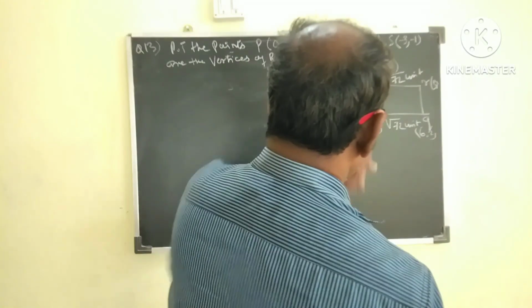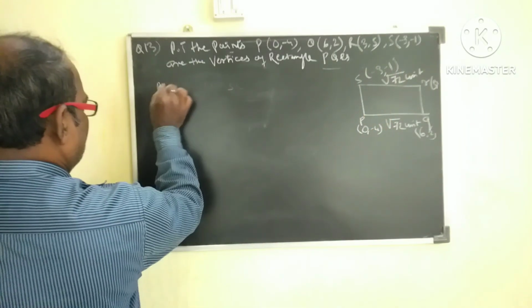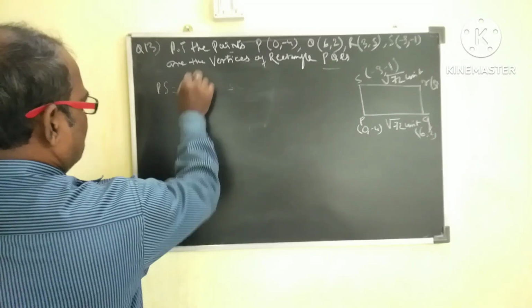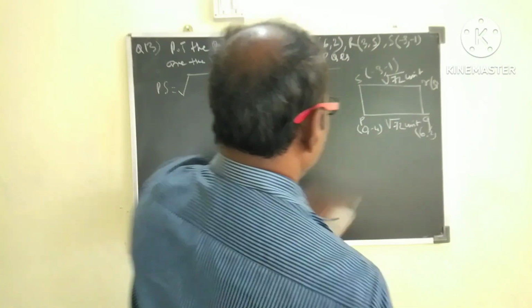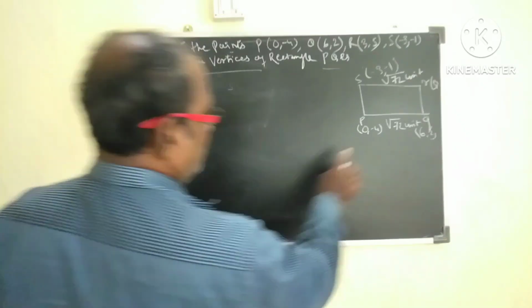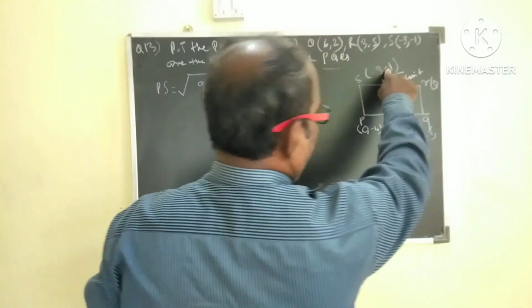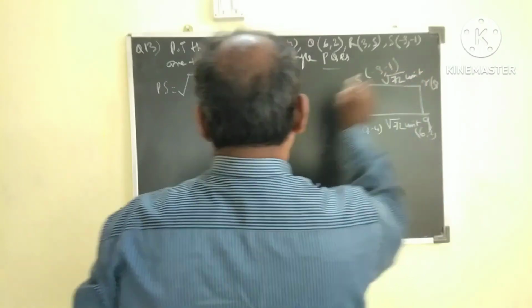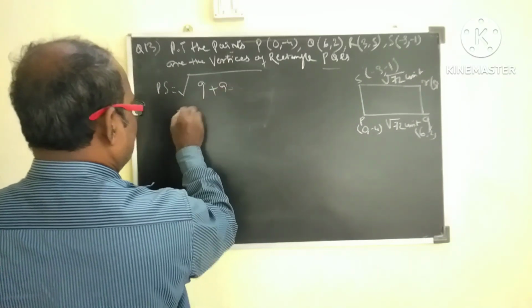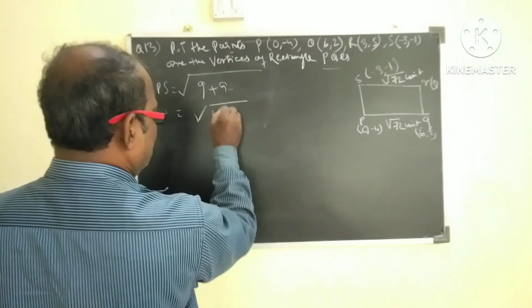Next we find out PS. Zero minus minus 3 is 3, that is 9, minus 4 plus 1, that is minus 3 whole square, that is 9, equals root 18.